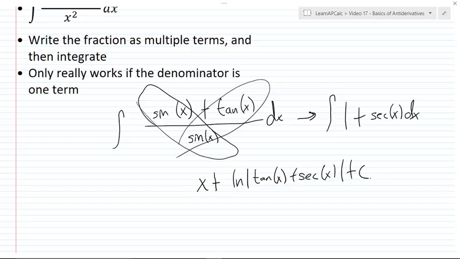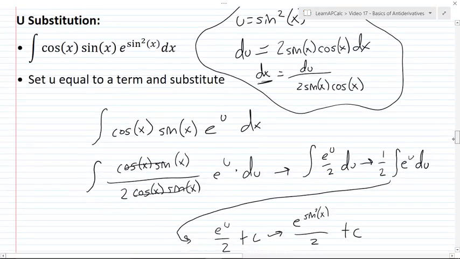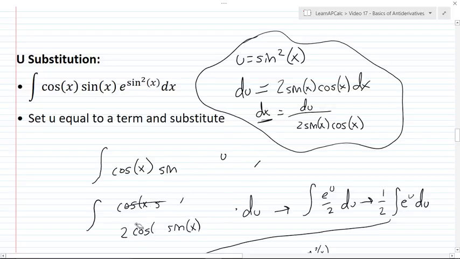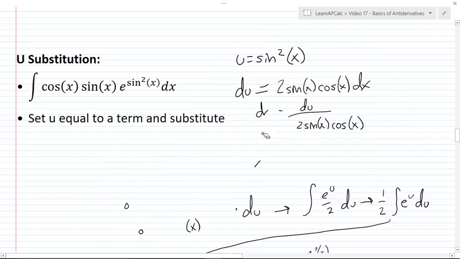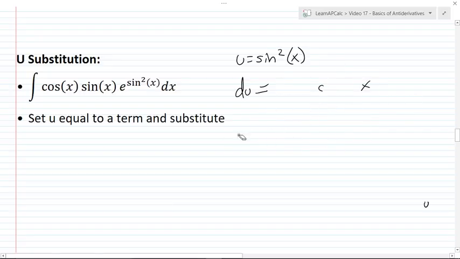So if we don't have any questions, I can move on. Alright, and next to the reverse power rule, this is probably the second most important thing you need to know.